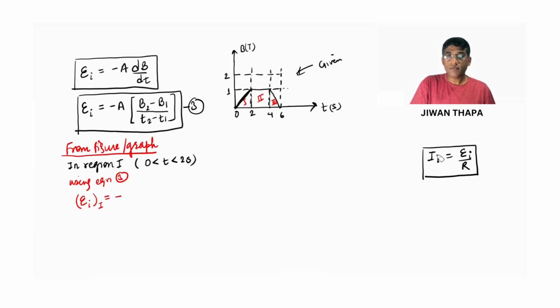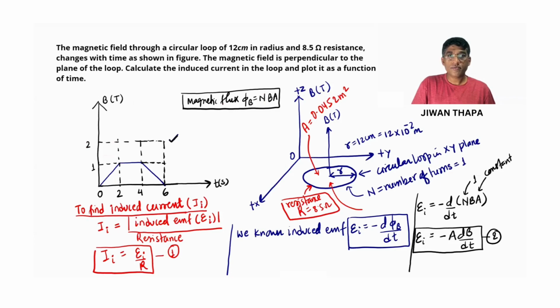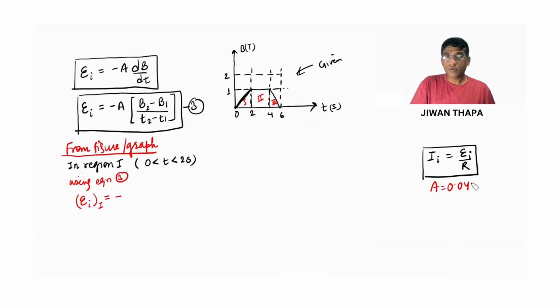So I'm writing the area is 0.0452 meter square, and it is constant. Clear?